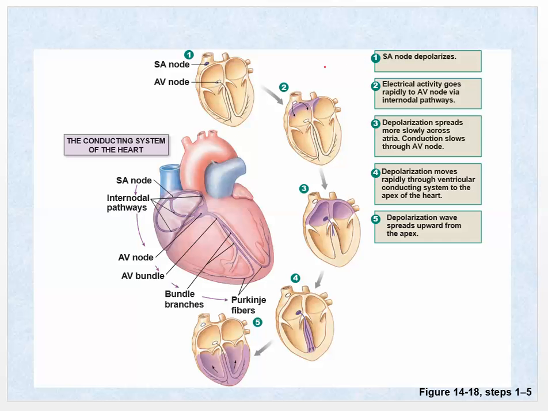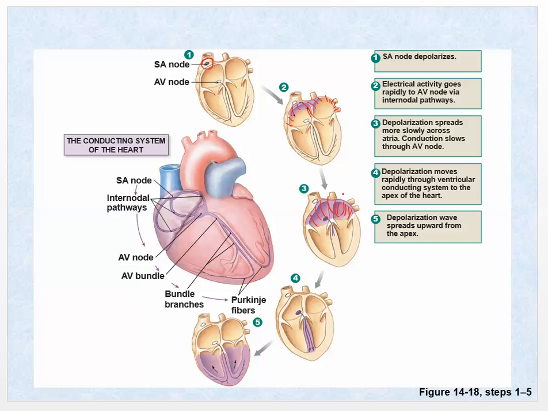Let's put those things together, the electrical stuff. You have your SA node that sits up here. It causes a depolarization, which spreads out through the atria, and all of these muscle cells depolarize at the same time. Then you have complete depolarization of the atria.